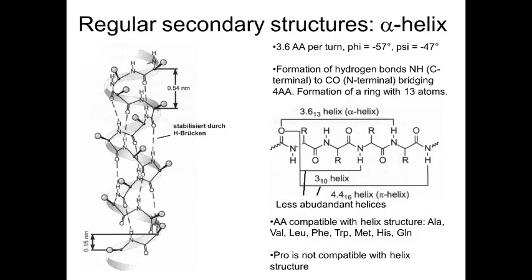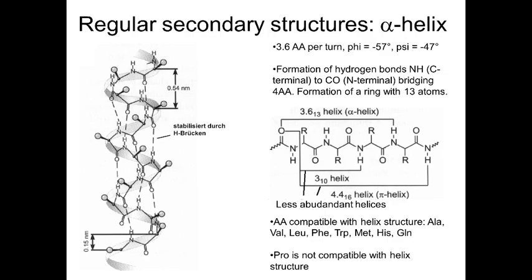So in general, we distinguish between 2 secondary structures: on the one hand the alpha helix, and on the other hand the beta sheet. And now I would like to discuss the alpha helix first. The alpha helix is characterized by a helical turn that consists of 3.6 amino acids.